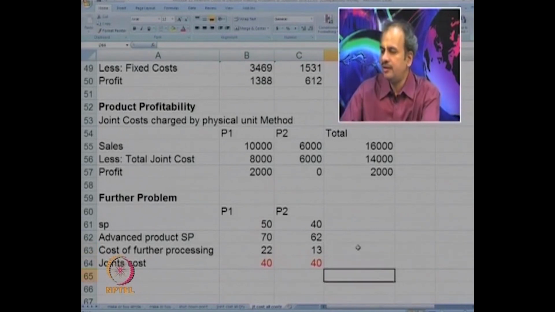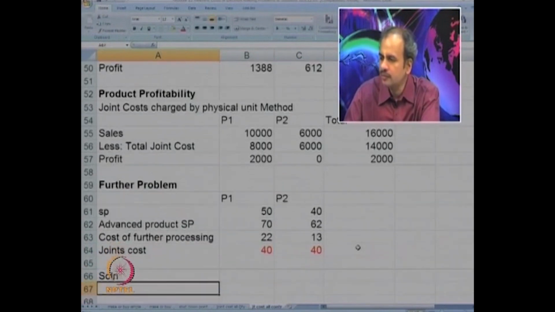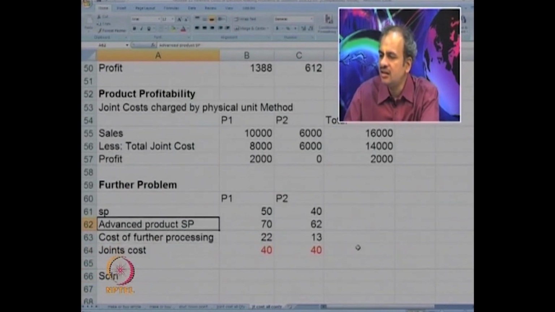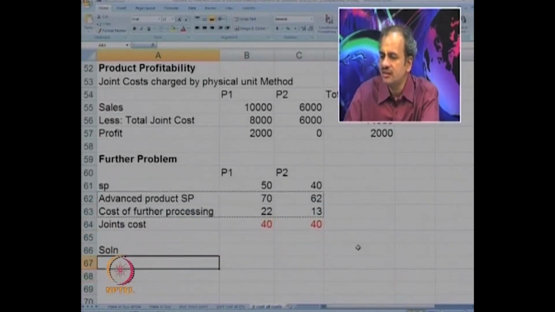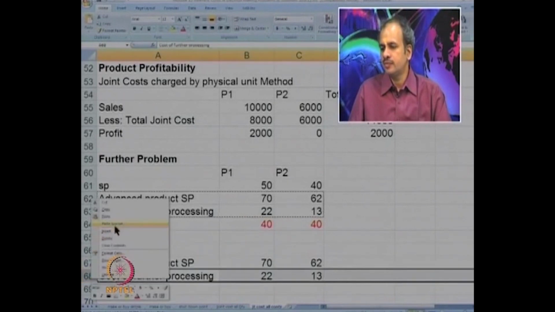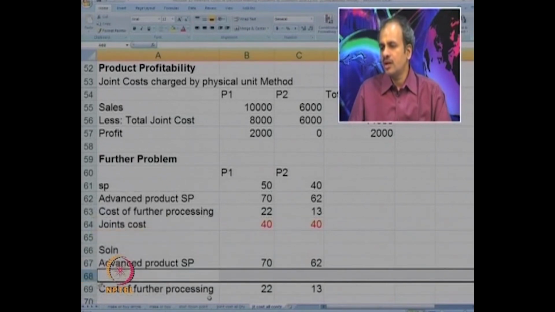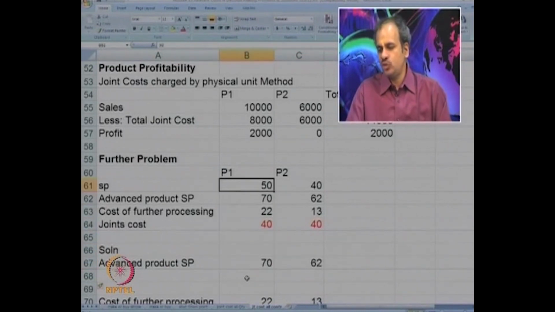What is important is the further processing cost and the incremental selling price. As it is given, the advanced product P1 we are able to sell at 70 rupees and advanced product P2 at 62 rupees.